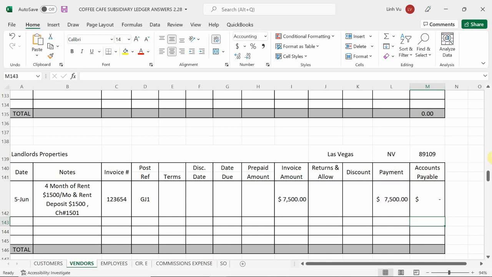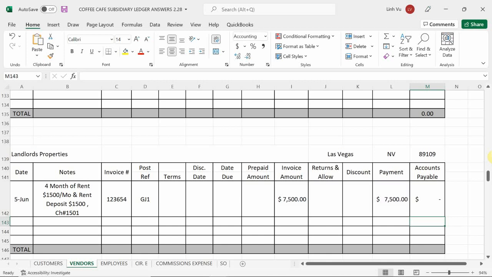But what we're going to see here is, when we see other vendors, we're going to see how this formula will affect certain other vendors and how much you owe them. Okay, so in this case, because the contract said I owe them $7,500 and I paid them $7,500 with a check 1501, I don't owe them anything.